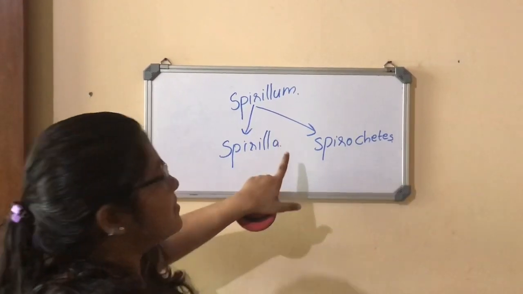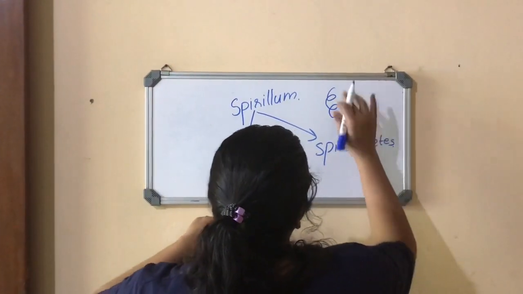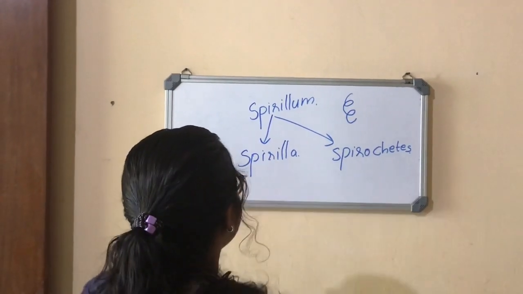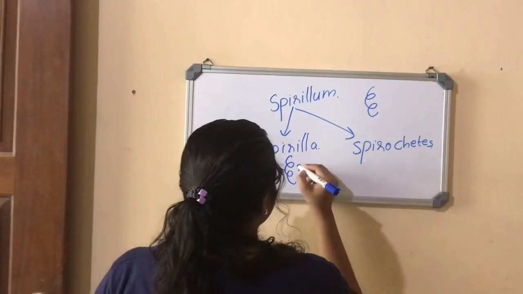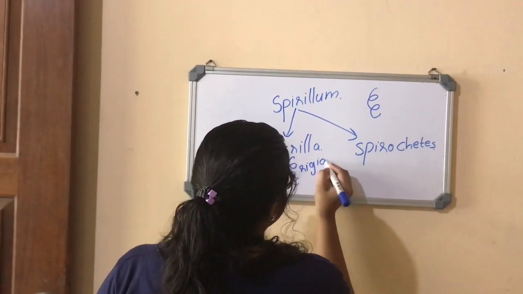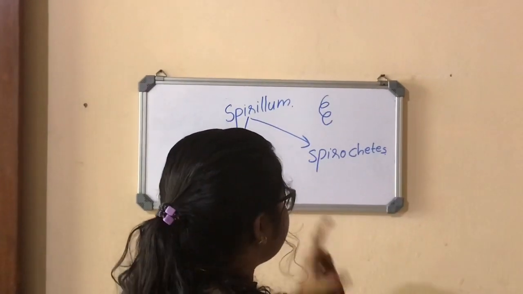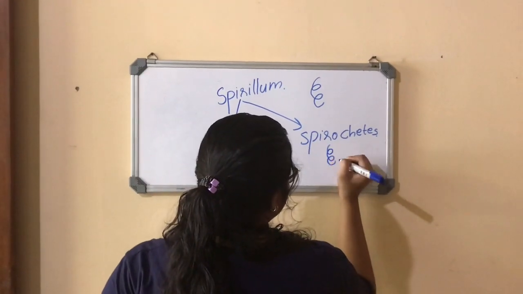The spirillum looks like a spring. It looks twisted or spring-shaped. The difference between these two is that in spirilla, the spring-shaped bacteria is more of a rigid type. It's a rigid bacteria, whereas spirochetes are not rigid. It's a flexible type of spirillum bacteria.